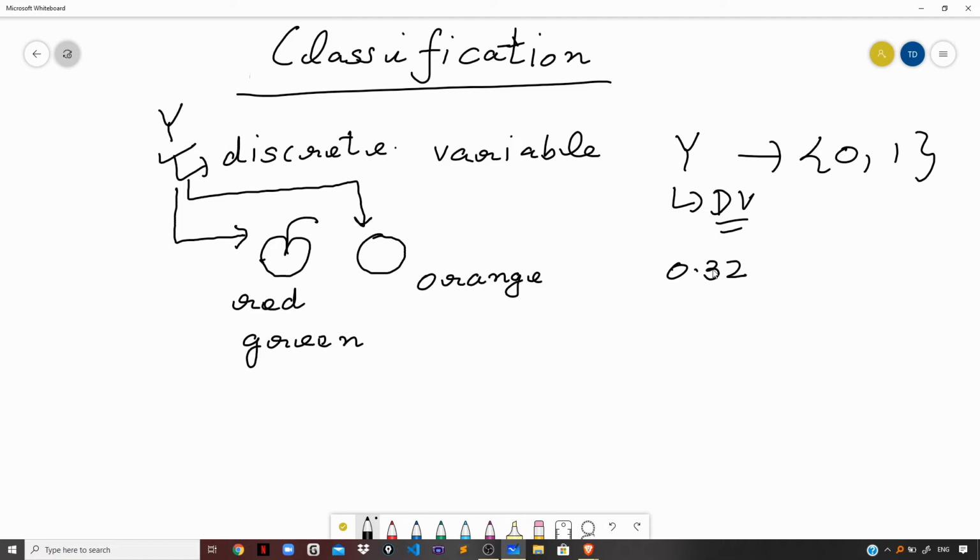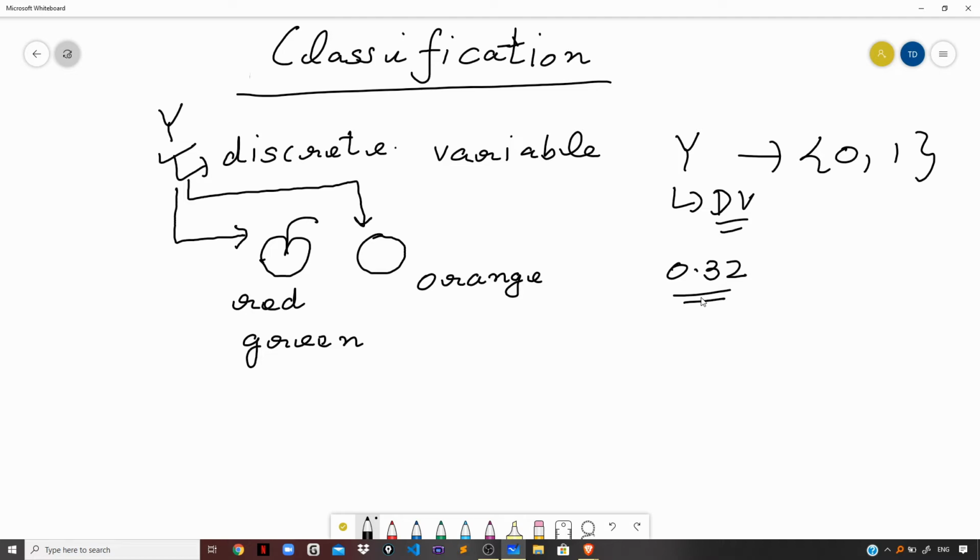So what we can do here is that instead of predicting the output variable directly, we can try to predict the probabilities for each of the classes. This means that we can predict the probability that a new unforeseen data point resides in class 0 or in class 1. Now again, why are we not using linear regression here, even when we know that the probability variables are continuous in nature?